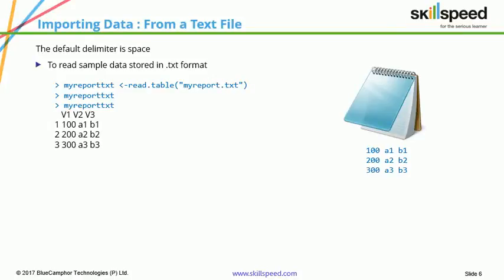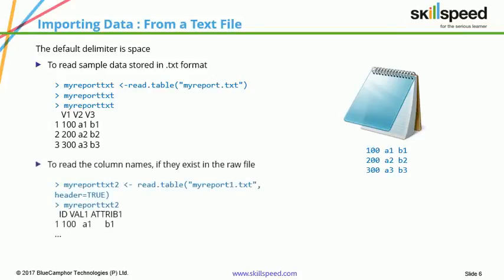In case your raw data file has column names, then we should be reading a file using a function read.table along with a parameter header is equal to true. So in this example, myreport1.txt file has headers. We can see those headers as id, val1, attrib1.